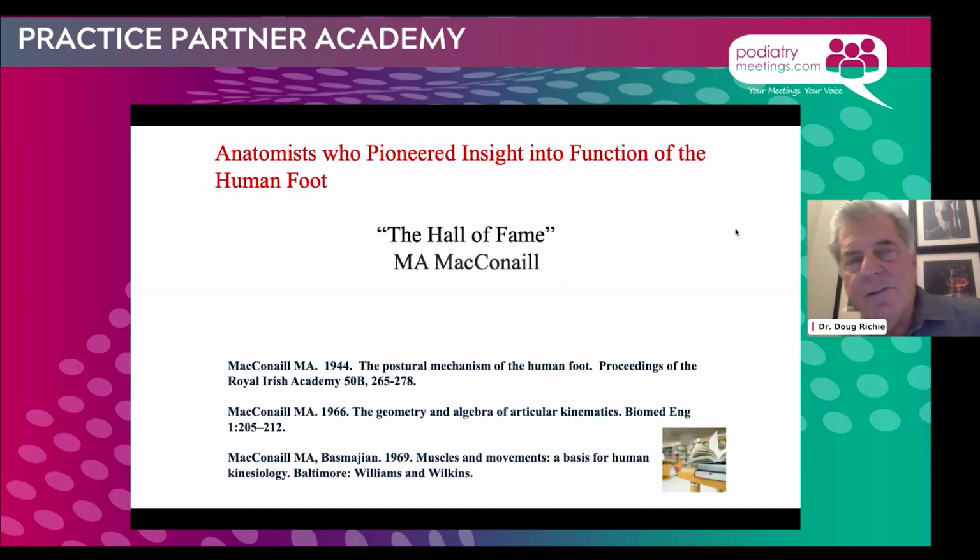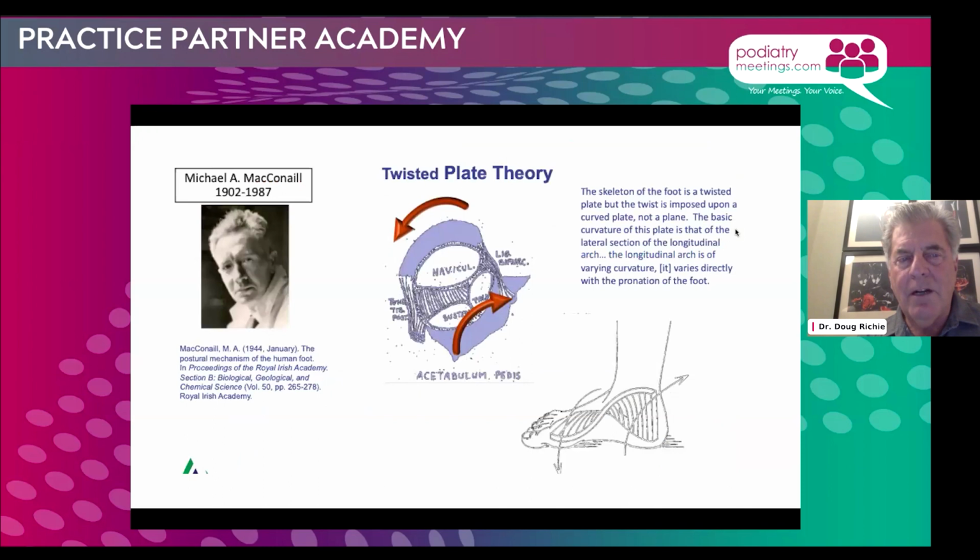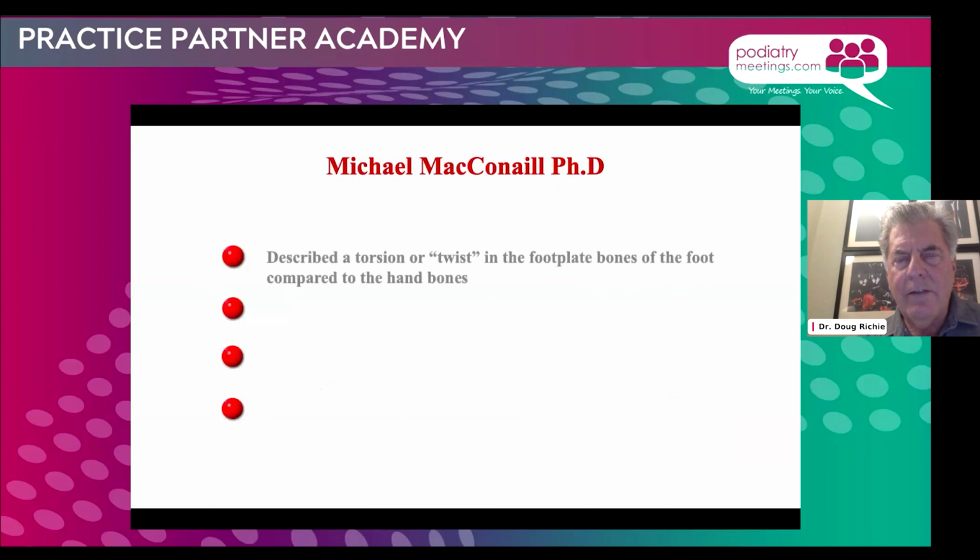The first anatomist who really coined the term the twisted plate was Michael McConnell. And McConnell was an Irish anatomist who published this landmark article in the proceedings of the Royal Irish Academy. And this was back in 1944. And basically, in this landmark article, he described the appearance of the human foot compared to the hand of a human.